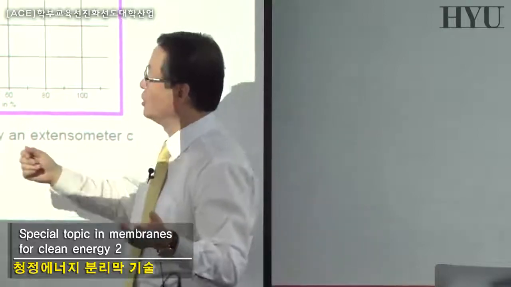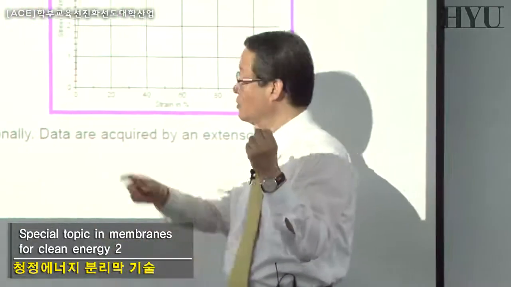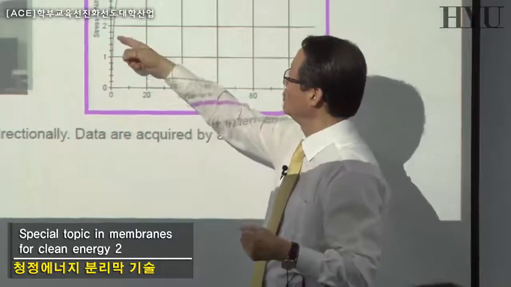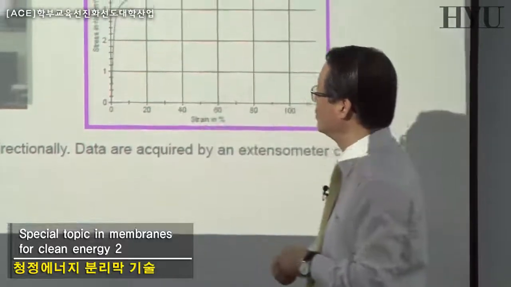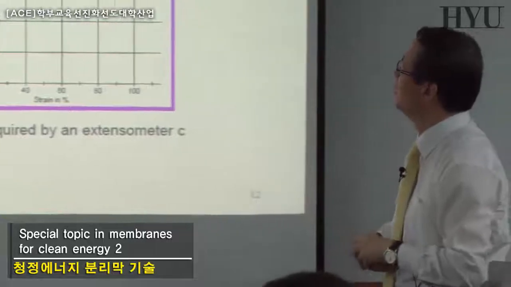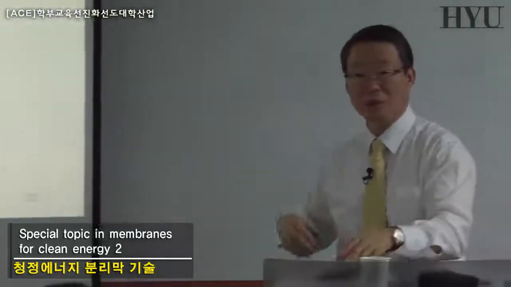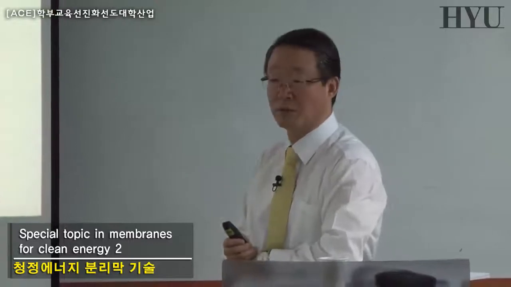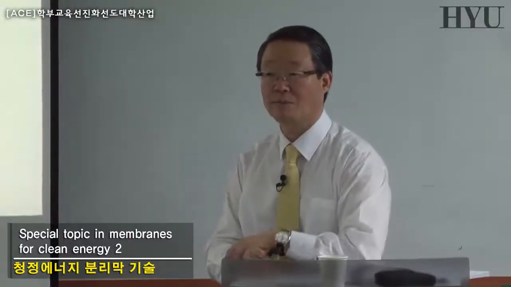Young's modulus is your stress divided by the strain, so the slope is the modulus, or Young's modulus. This is a typical example of the measurement of your membrane properties, or the mechanical properties.